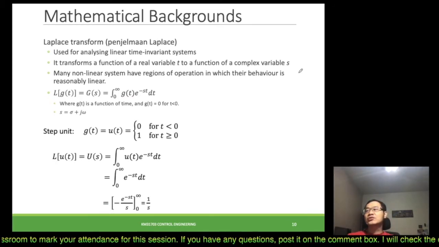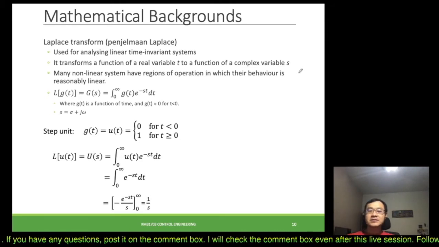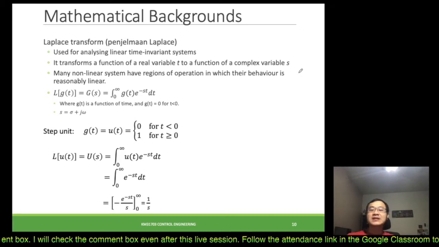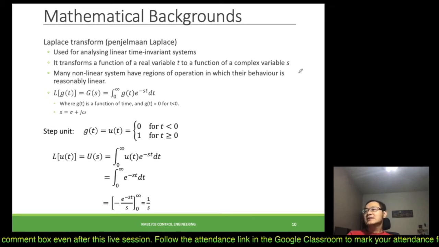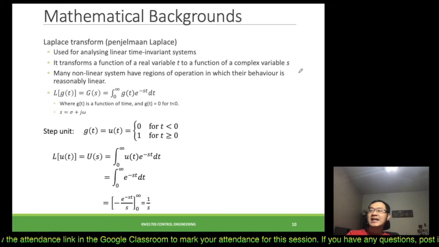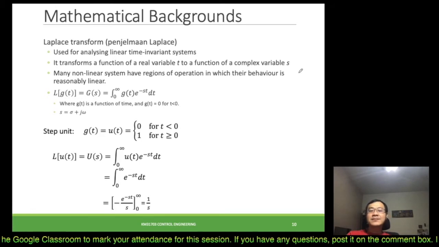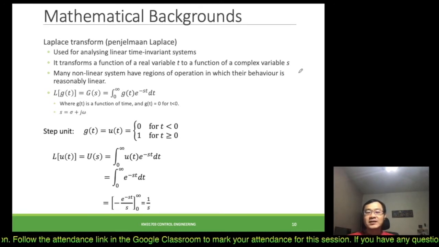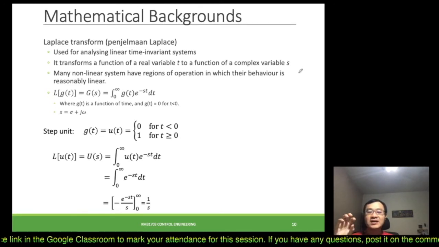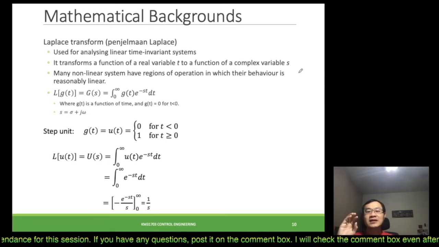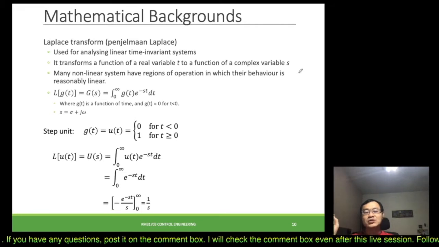Besides, this course also requires you to get familiar with the Laplace transform. The Laplace transform, or in Malay penjelmaan Laplace, is used to analyze linear time invariant systems. This Laplace transform transforms a real variable in the form of t into a complex variable of s.